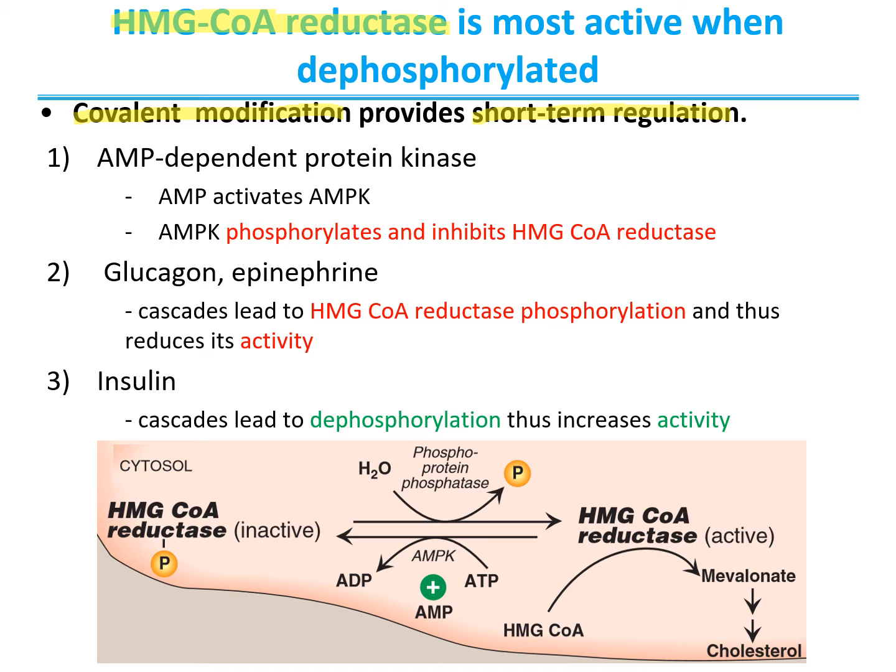The most important thing to remember out of the slide is this HMG-CoA reductase will be active when it is dephosphorylated. So dephosphorylated form is the active form. When it becomes phosphorylated, it becomes inactive. And the phosphorylation and dephosphorylation simply means attaching of the phosphate group or removal of the phosphate group, as we can see on the right side here.